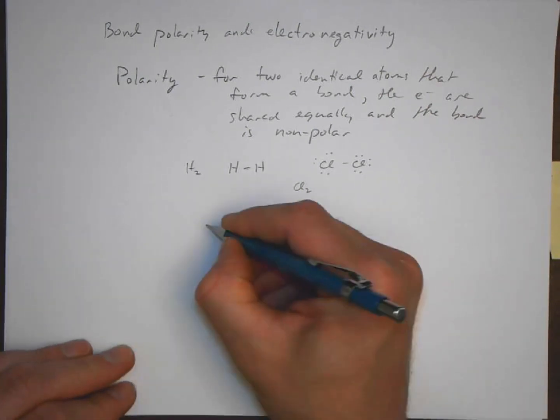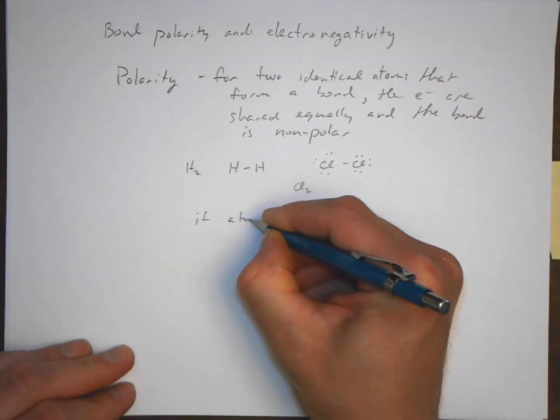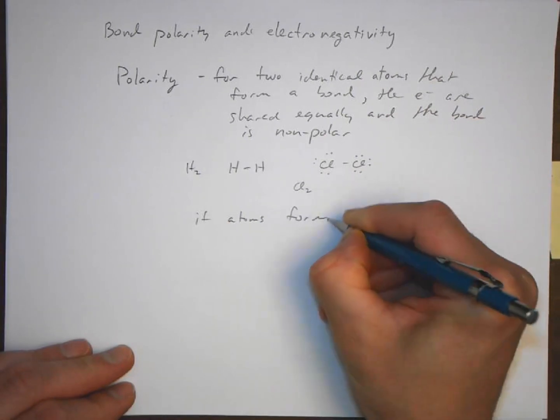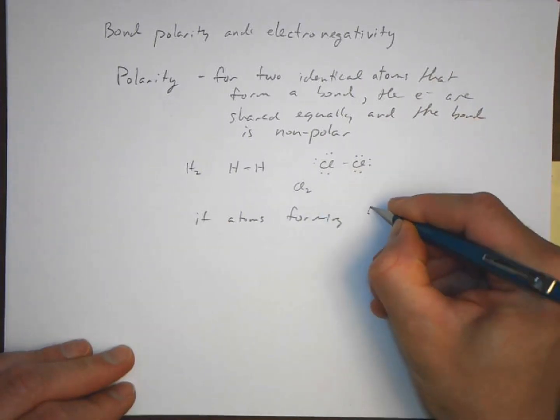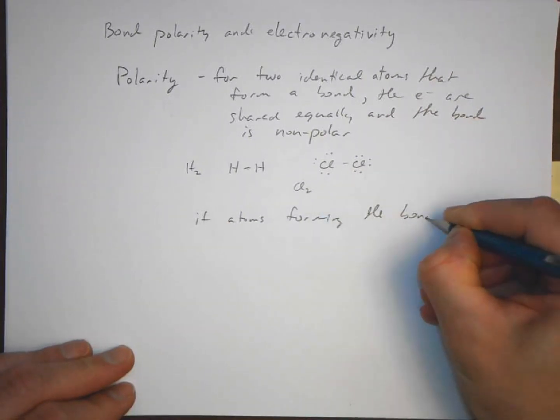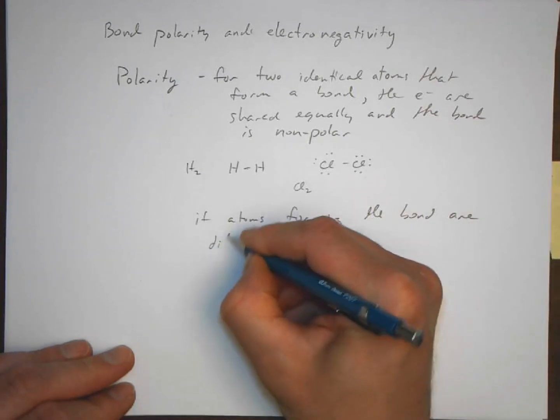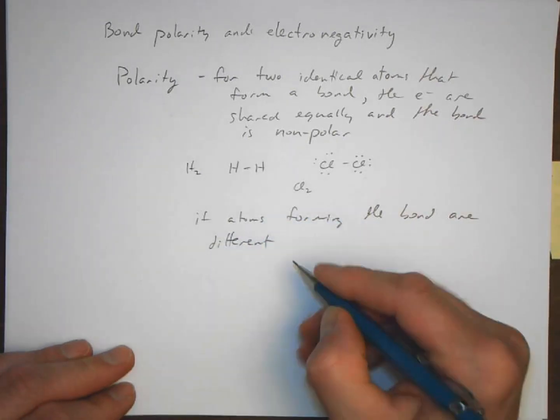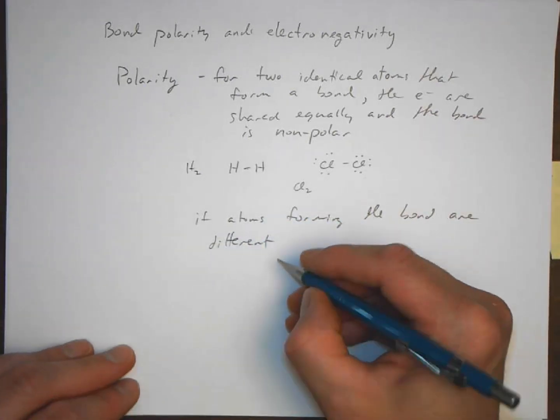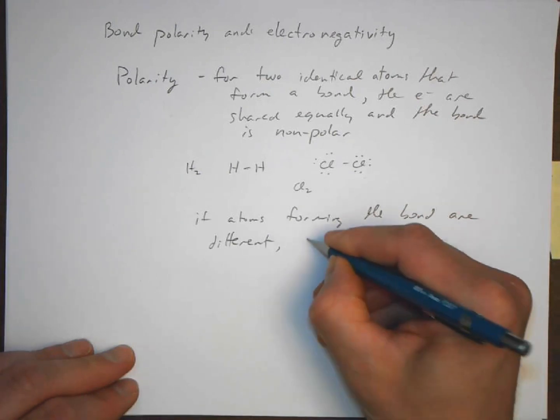Okay, if atoms forming the bond are different, there is generally an unequal sharing of electrons.